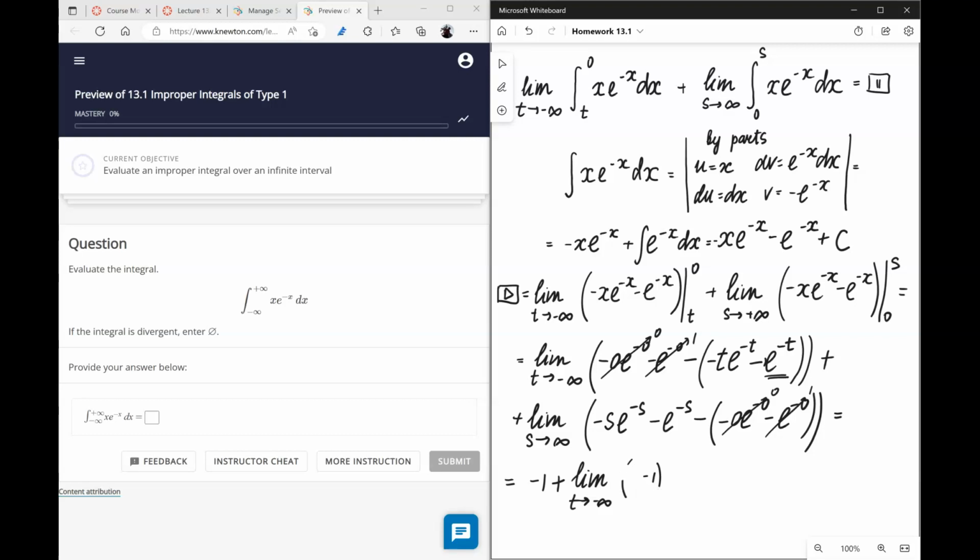So I'm going to rewrite it as t plus 1 over e to the power t. Here we have plus the limit as s goes to infinity. Same thing, we can take out the negative, and we have s plus 1 over e to the s.